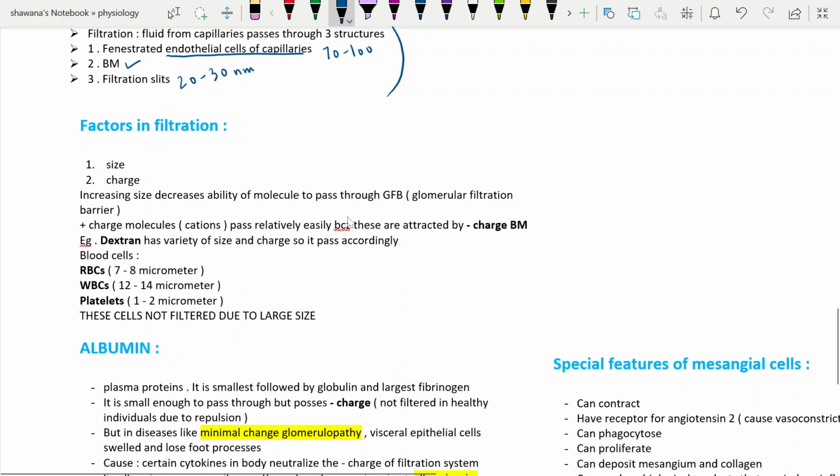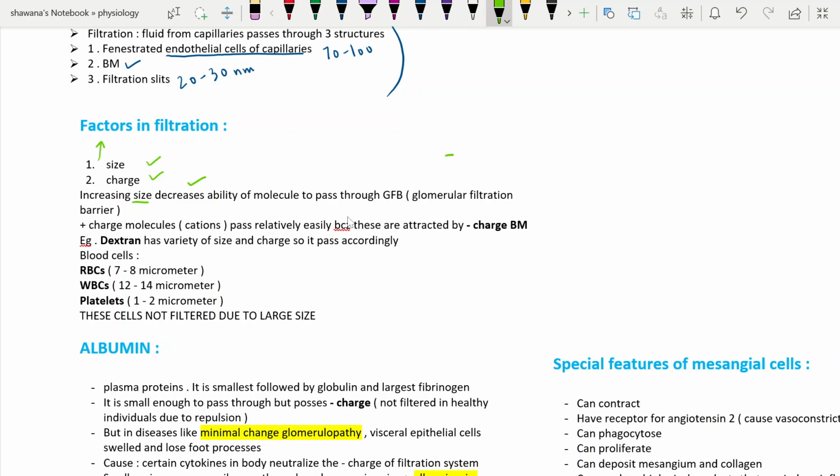Okay, the factors in filtration are very important, and there are only two: the size and the charge of the molecule. Increasing the charge or size decreases the ability to pass through the glomerular filtration barrier.